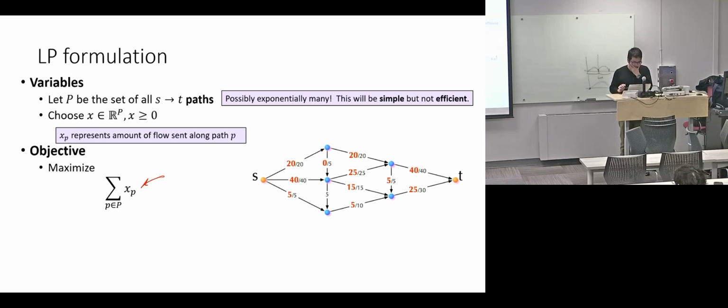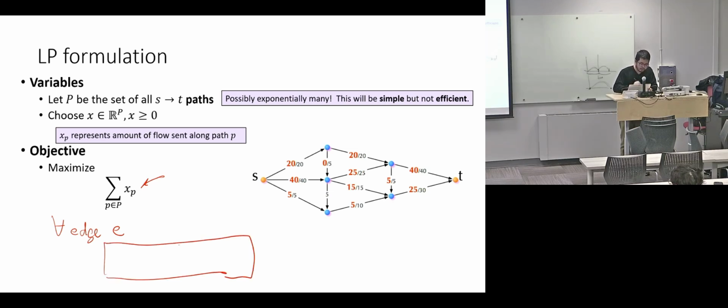And now we need to put some constraint to make this capture max flow. What should be the constraint? For all edges E, what linear constraint should I write? It should be something less than the capacity of E. What is this part?